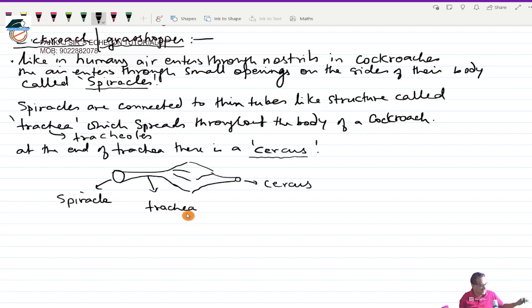Now I would like to show you the picture if possible. Let me try to show you the picture of this particular respiratory system in cockroaches. I have a good book in which a good picture is given about the respiratory system in the cockroaches. So let me show you that.